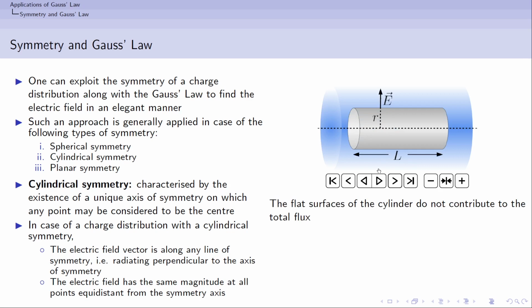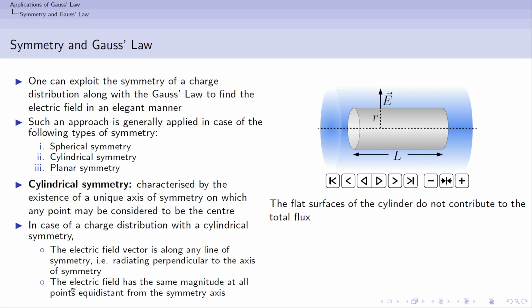To understand that, we can imagine a Gaussian surface, and this Gaussian surface also is going to be cylindrical. The cross section is going to be a circle, the radius of the circle is r, and this cylinder has got a length L.